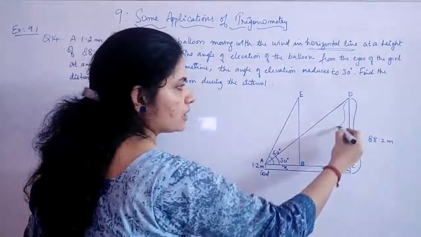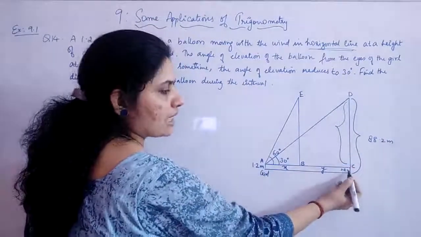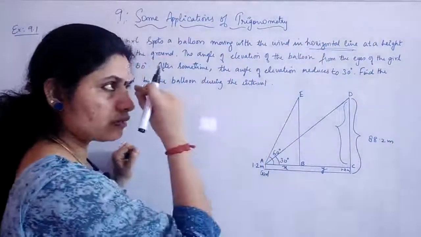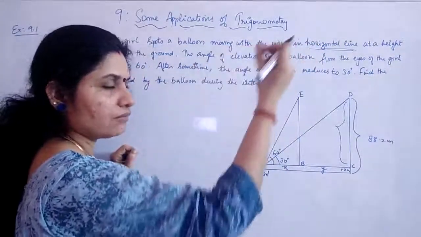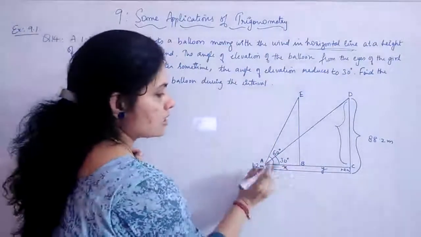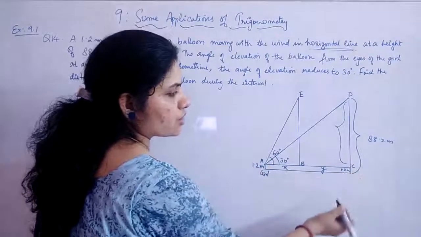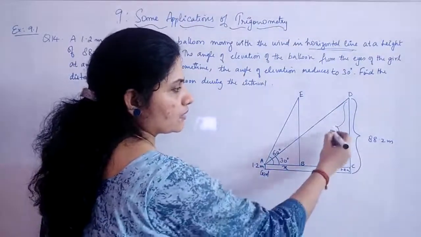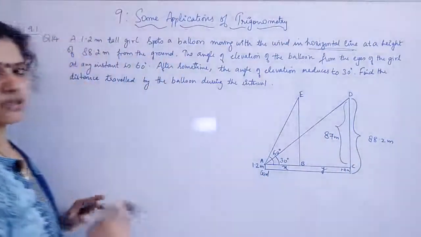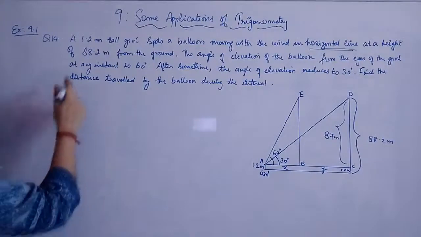Since the total is 88.2 and the height of the girl is 1.2, from her point of view, from the eye, we are taking that horizontal line from her eye position. So we reduce this 1.2 from the 88.2, and that will give you 87 meters. Now for the triangle, we will consider DC and EB as 87.